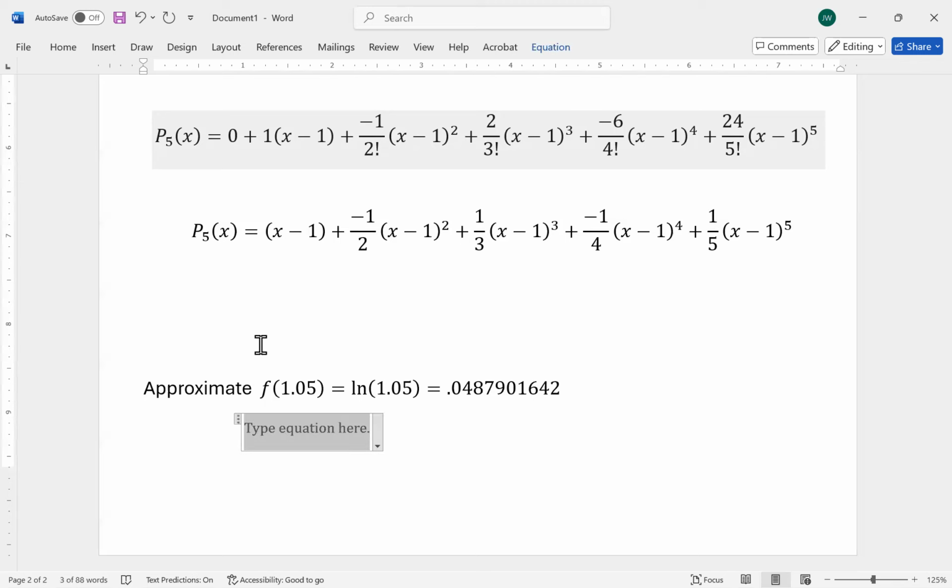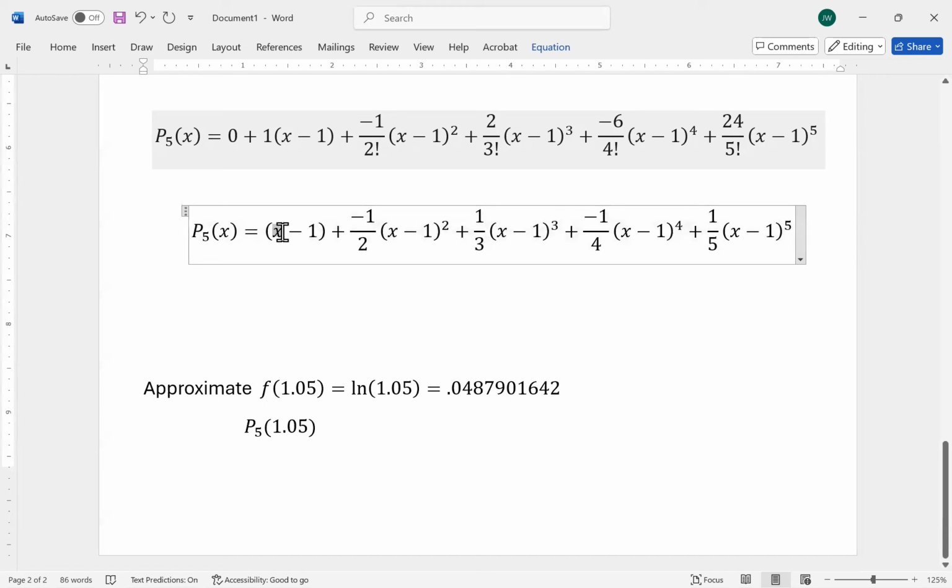Now, when I do the polynomial of degree 5 and I plug 1.05 into that, one of the nice things is notice that every time you plug in 1.05 and then subtract 1, you just get 0.05.